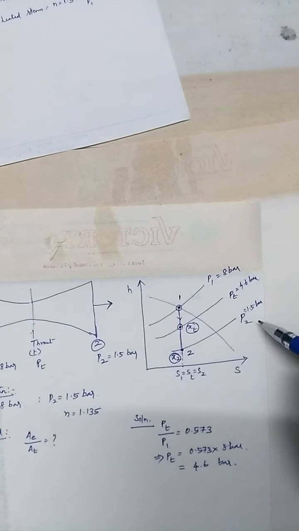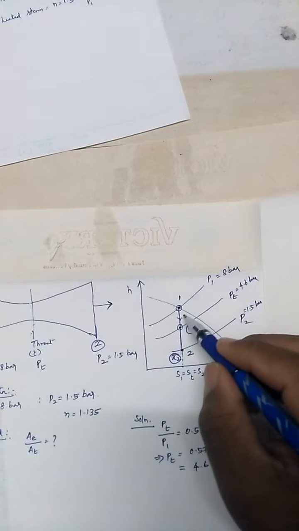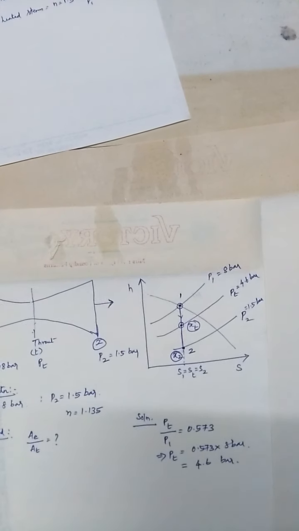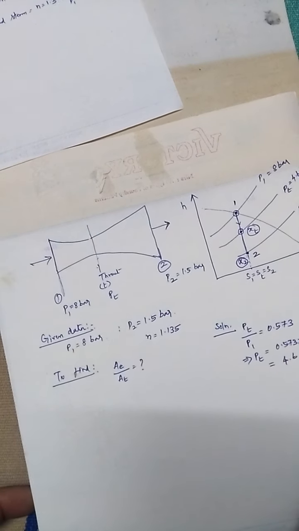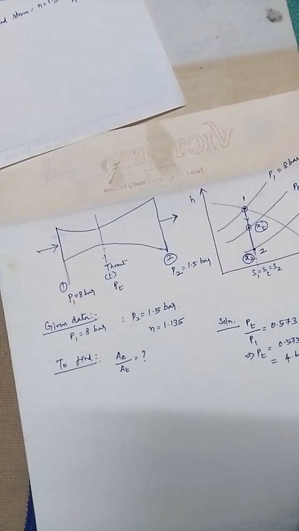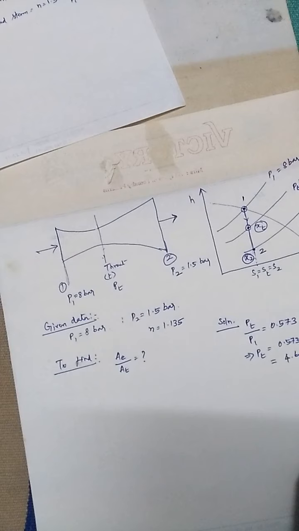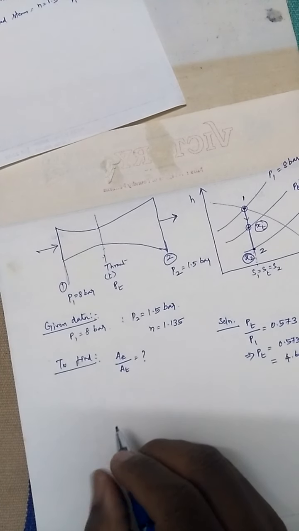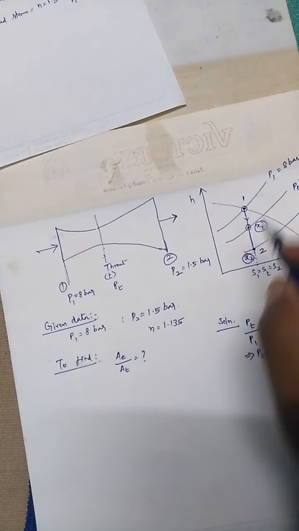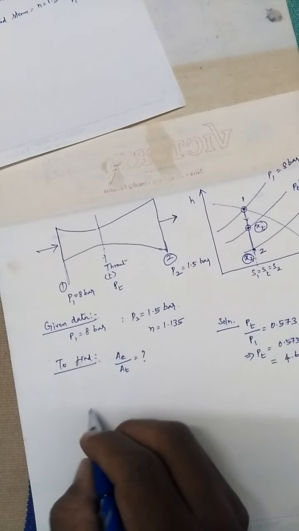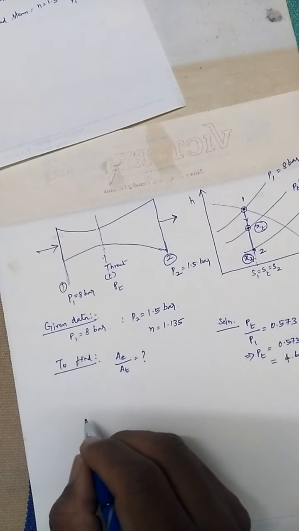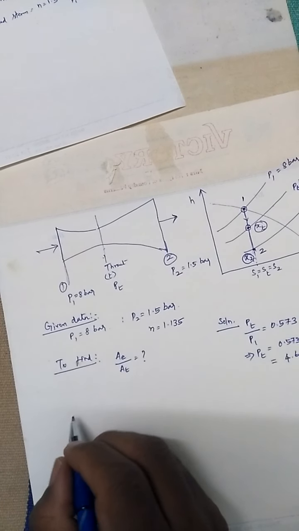All these three pressures are at different points, and we have to calculate the mass flow rate. For the mass flow rate we should know the CT value, that is the velocity. And for finding the xt and x2 values, we are going to use the entropy values.